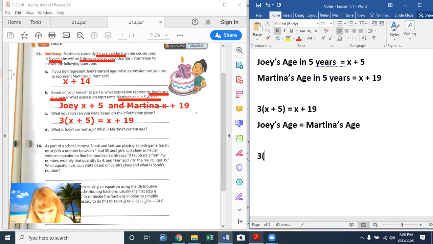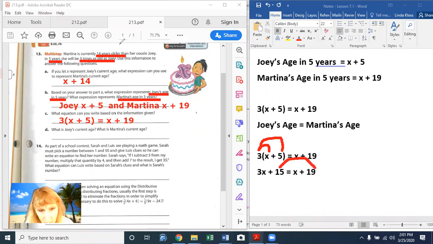We have 3x plus 5 equals x plus 19. We need to use the distributive property before we can solve. So we do that. We end up with 3x plus 3 times 5 is 15 equals x plus 19. Now we want to get our 15 over to the side with the 19 using inverse operations.